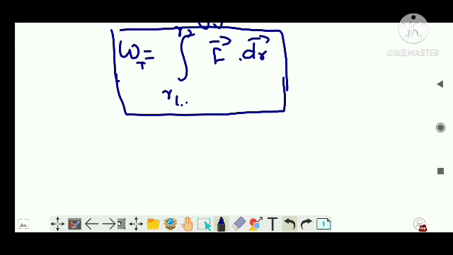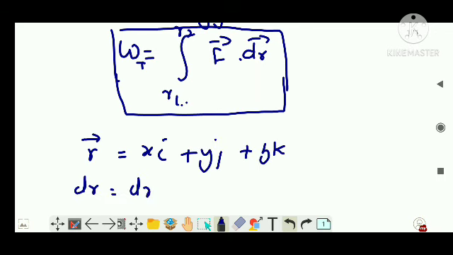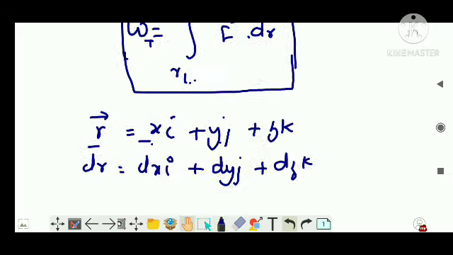Right, so r vector, if it is given as xi plus yj plus zk, that means dr vector will be dx i plus dy j plus dz k, because small r means small x, small y, small z, right?